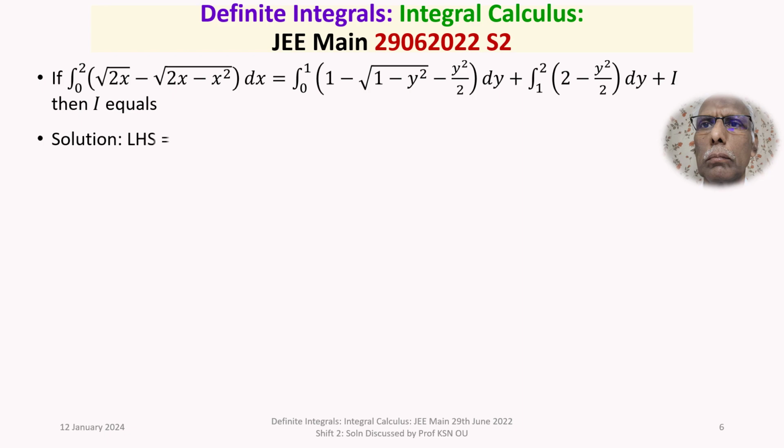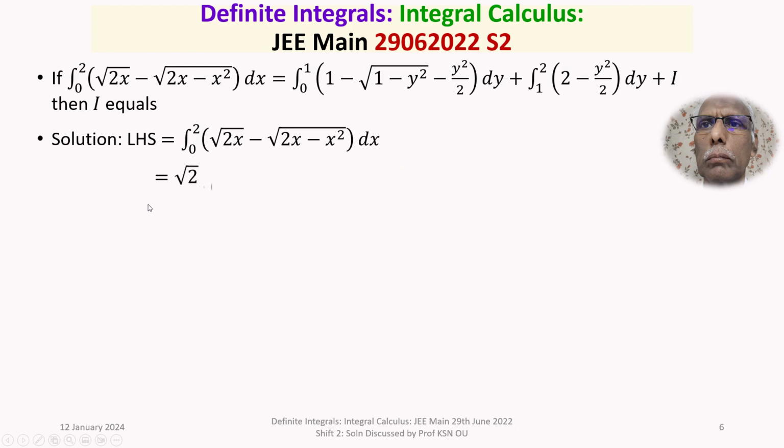We now discuss the solution of the problem in detail. We first take the left hand side, LHS, that is the integral from 0 to 2 of (root of 2x minus root of 2x minus x square) with respect to x.